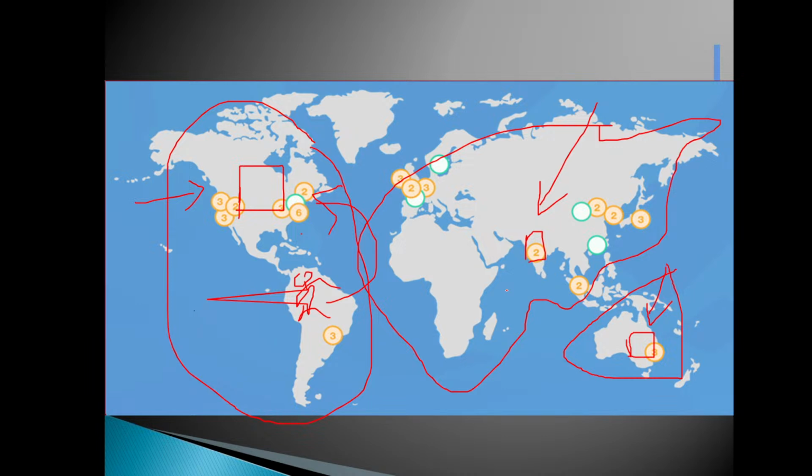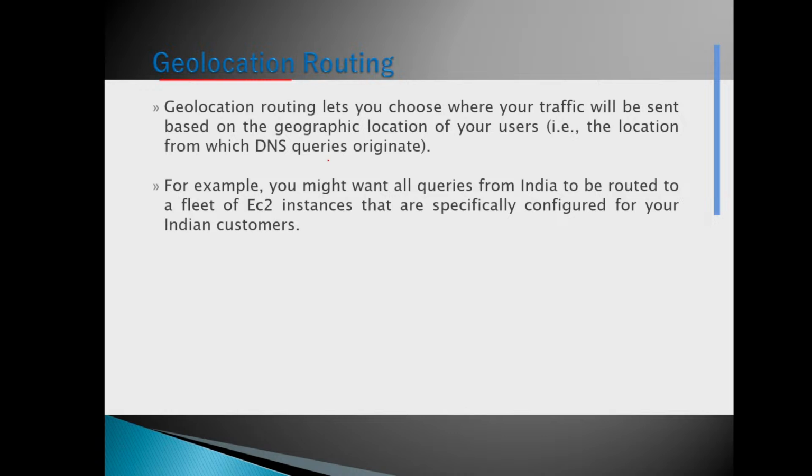Generally geolocation works for local languages. You can configure that requests coming from India should go to a server which will have Indian languages like Hindi, Marathi and so on. And if the request is coming from another region, you can have a different machine where an Islamic language can be used.